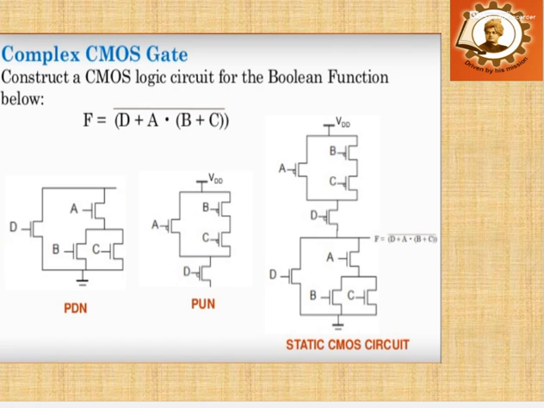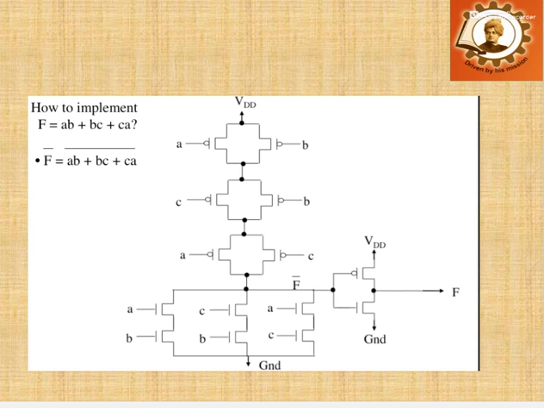Next, another example is F equal to AB or BC or CA. So first step is that we have to take the complement of this F. So F bar will be taken, and for this we first design our pull down network.